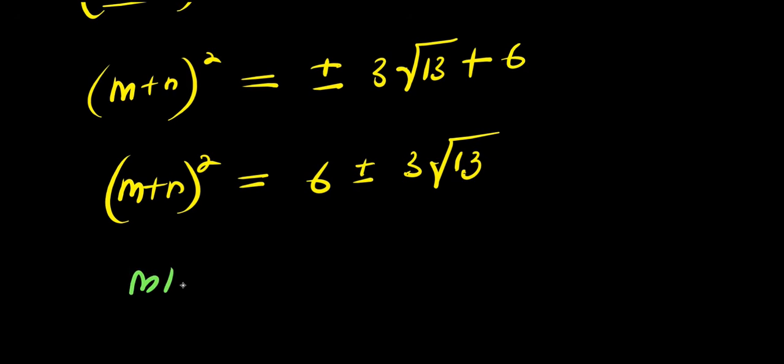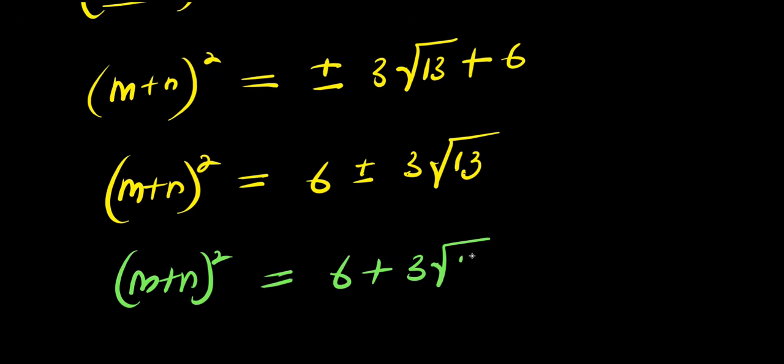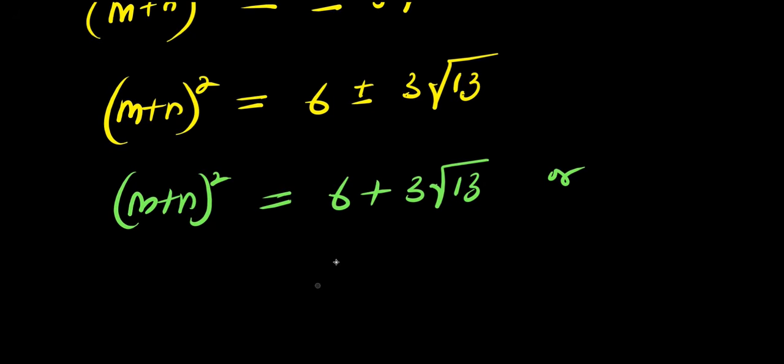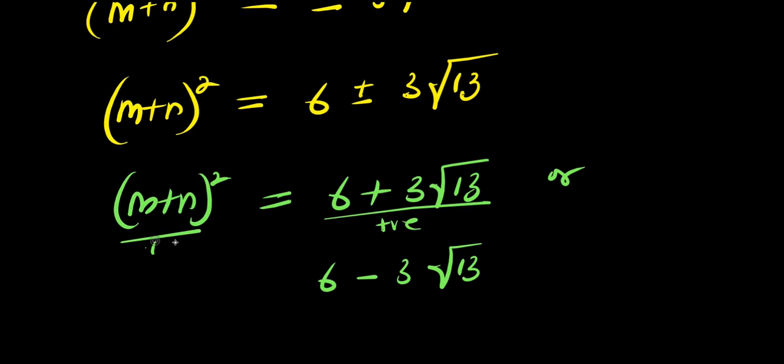If you have (m plus n)^2, this gives you two solutions, which is 6 plus 3 root 13, or you have 6 minus 3 root 13. This is positive, while this will give you negative.